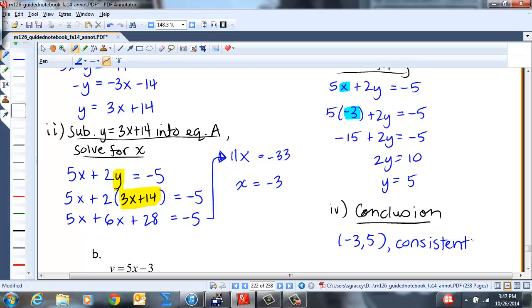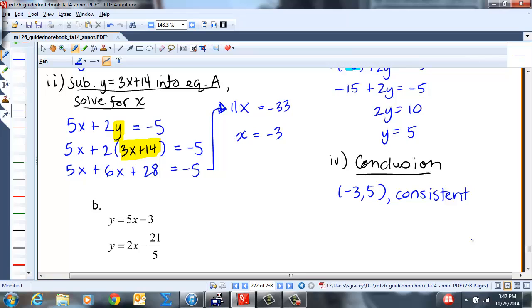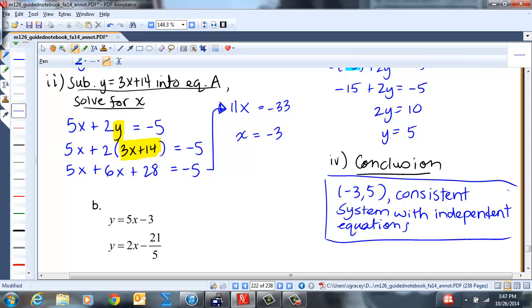So it's a consistent system with independent equations because we didn't end up getting an identity statement. Independent equations. All right, how are we doing so far?